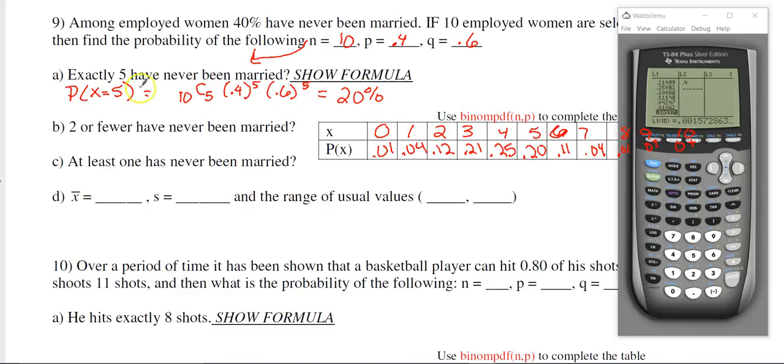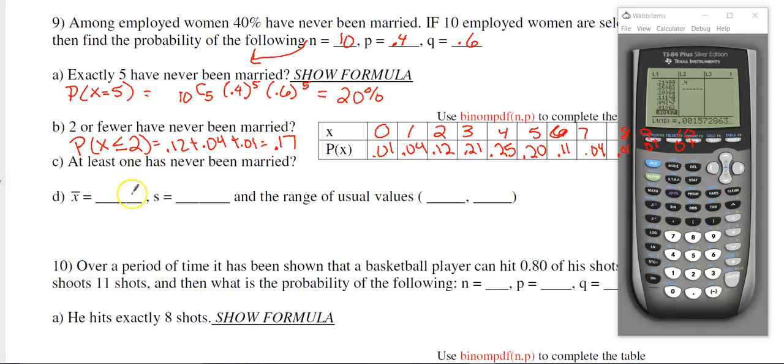Alright, so 2 or fewer, so that would be the probability that x is less than or equal to 2. So here's 2, less than or equal to, so we added those up, 0.12 plus 0.04 plus 0.01, which would give us 0.17, which would be 17%.